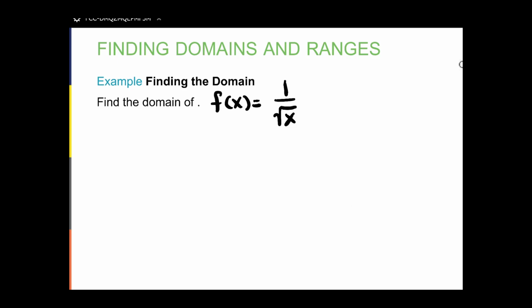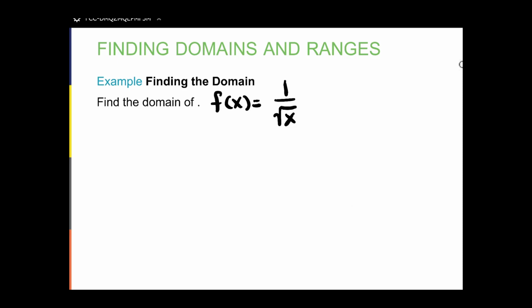Okay, we have been talking about domains, and we kind of hit on ranges in the beginning, but we've mostly been focused on domains and what we can input into a function and still get a real output value.